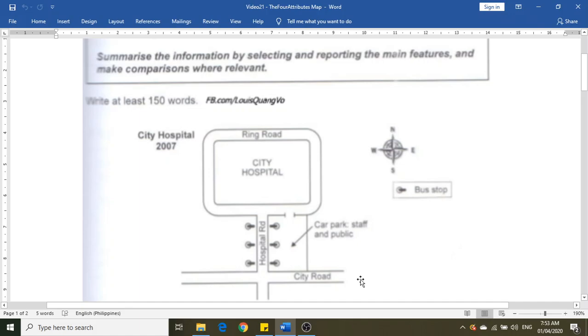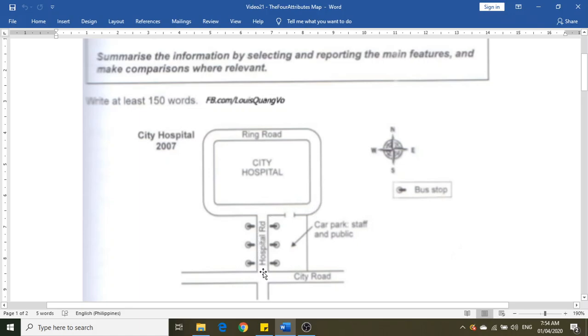So you traverse City Road going west, and then from there you turn right at the intersection into Hospital Road. And then we will now describe the bus stops as we arrive at Hospital Road. And then we will also describe the car park, the staff car park and the public car park. Then we will mention that we will now be turning right to Ring Road.